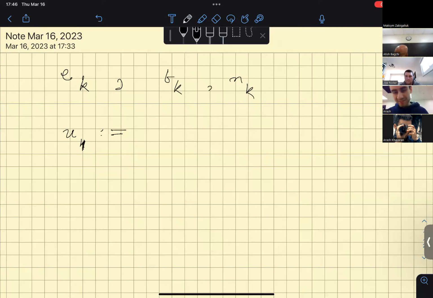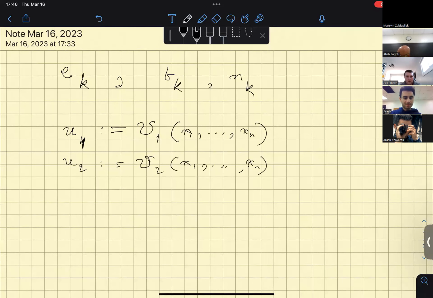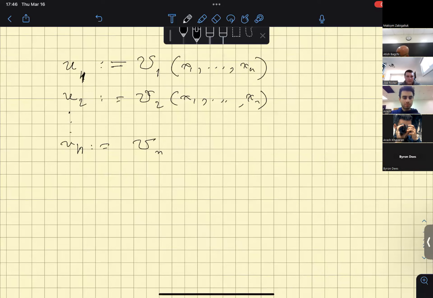Okay. So u1 is equal to epsilon 1, this is the function of x1 up to xn. u2 is equal to epsilon 2 of x1 up to xn, and so on, up to un is epsilon n of x1 up to xn.